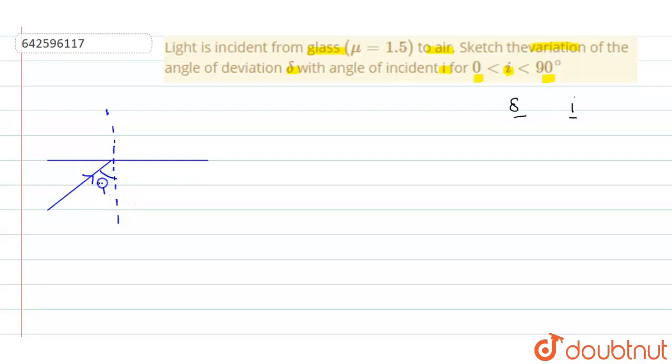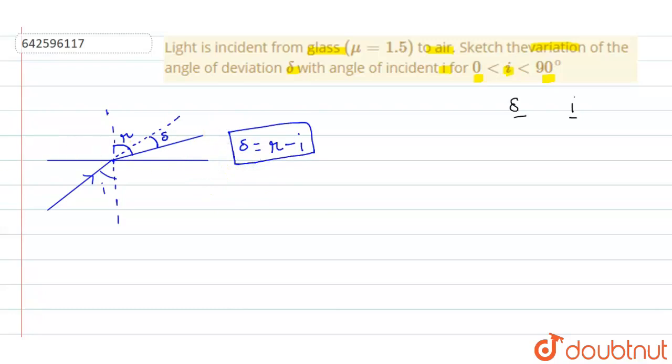Let the angle of incidence be I and the angle of refraction be R, and this is our angle of deviation delta. So delta is the angle of refraction minus the angle of incidence. So we get a relation between them.